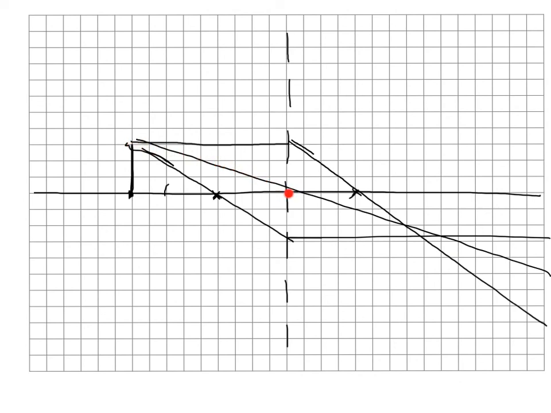It passes through the center of the lens and then intersects at the position of the image. So that point is right about here, and we have our image located right there. Now labeling the foci, we have a focus here and we have an F prime on the opposite side. Labeling the object, here's the object and the image.